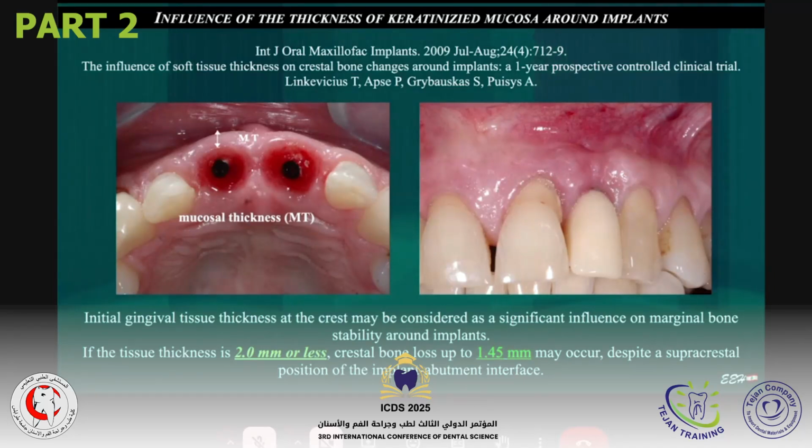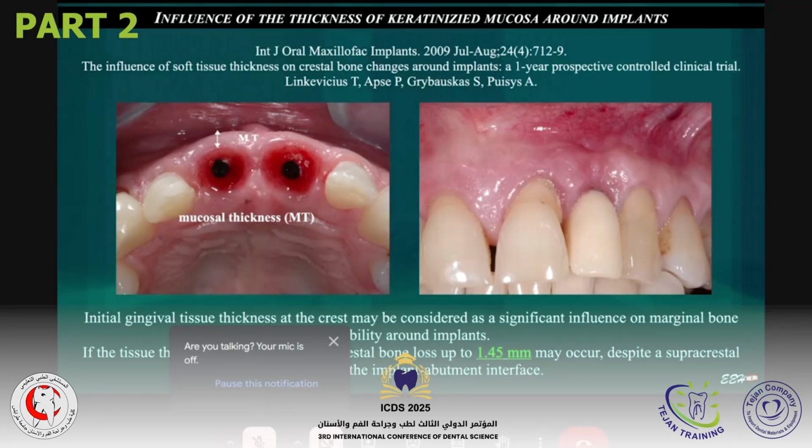In this study of the school of Linkevicius and Earl, they demonstrate that when we have a tissue thickness around the implant of 2 millimeters or less, crestal bone loss up to 1.45 millimeters occurs, despite a supracrestal position of the implant abutment interface.